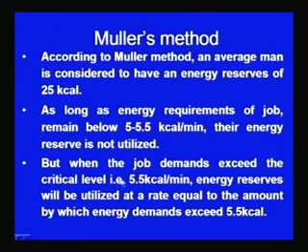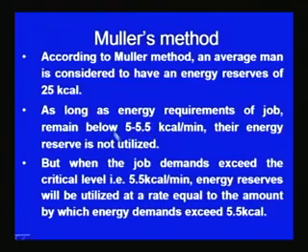When the job demands exceed the critical level, that is 5.5 kilocalorie per minute, energy reserves will be utilized at a rate equal to the amount by which energy demands exceed 5.5 kilocalorie. It means that the energy reserves available to the worker are used only when the energy requirement of the work is greater than a certain critical limit, that is 5.5 kilocalorie.